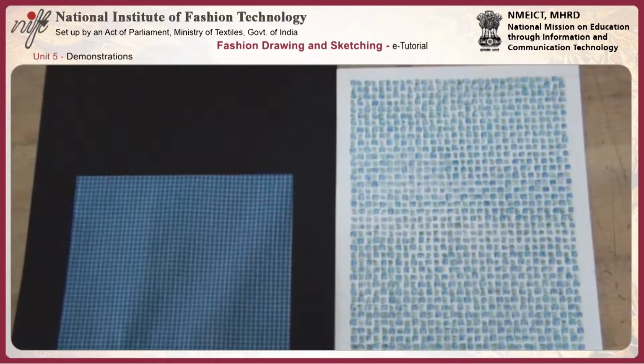Here you are watching a checked pattern of fabric that is rendered using various blue tones. The illustrator has actually enlarged the size of the checks so that it can be rendered properly.